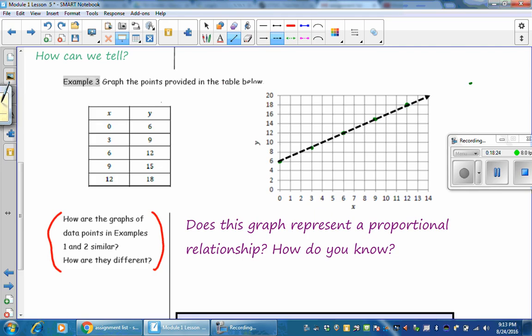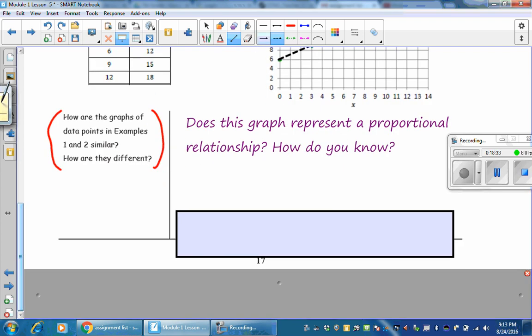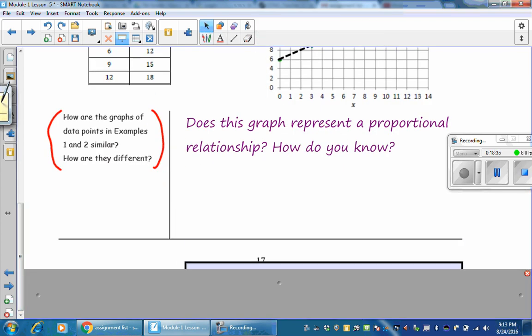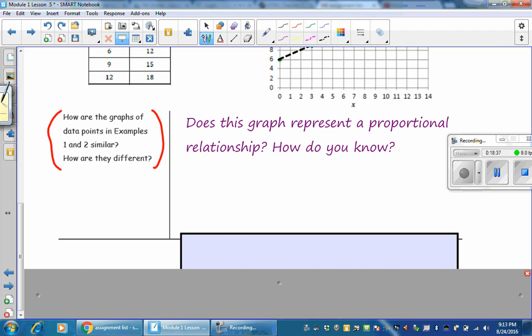So is it a proportional relationship? Well, does it go through the origin? This is not a proportional relationship. I'm just going to write with the dotted line. This is not proportional. And then the question is, how do you know? I kind of like that pen. How do you know?